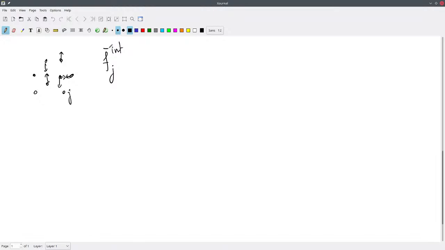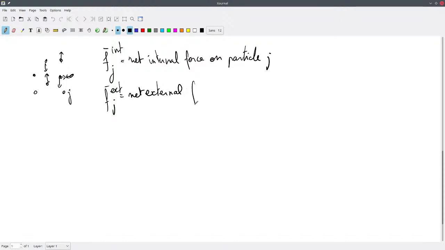So that's the net internal force on particle J. There's also going to be potentially a net external force, that's what we're going to call F external J. That's the net external force on particle J. So on J, there's going to be two forces.